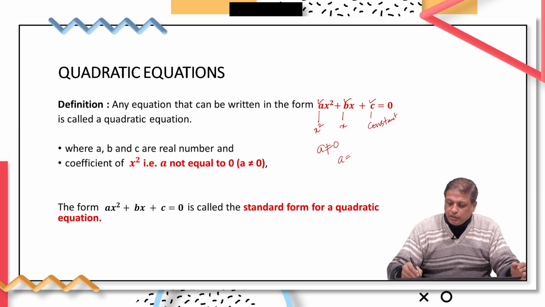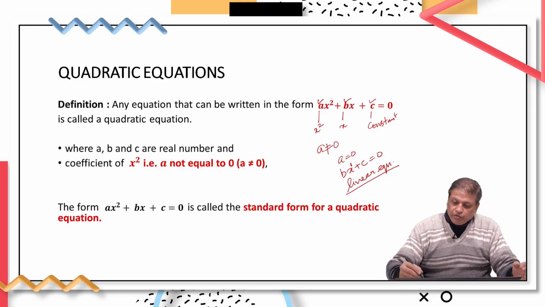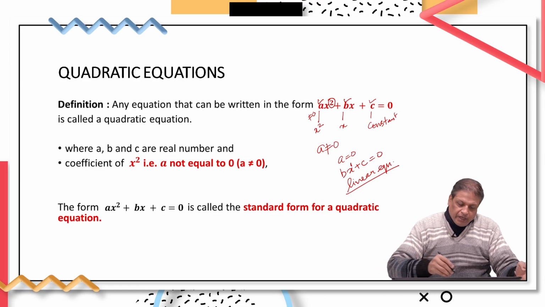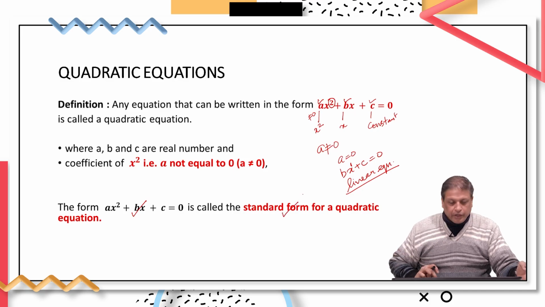If a is equal to 0, then the equation transforms to bx plus c equal to 0, which is a linear equation, because the maximum power of x is 1. So the primary requirement is that the maximum power of x should be 2 and the coefficient of x square should not be equal to 0. Here a, b, c are real numbers, and this form ax square plus bx plus c is the standard form for a quadratic equation.